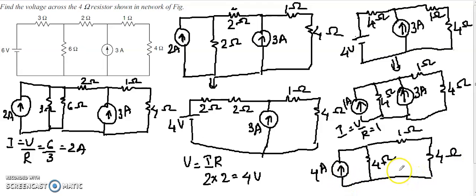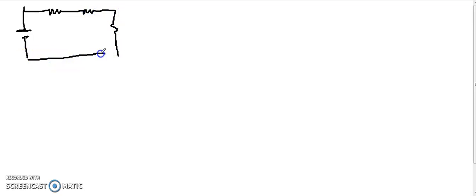Okay, so now again we have to rearrange this to get a voltage source in series with a resistor. So we will get it as a voltage source in series with a resistor, then 1 ohm and again the 4 ohm.